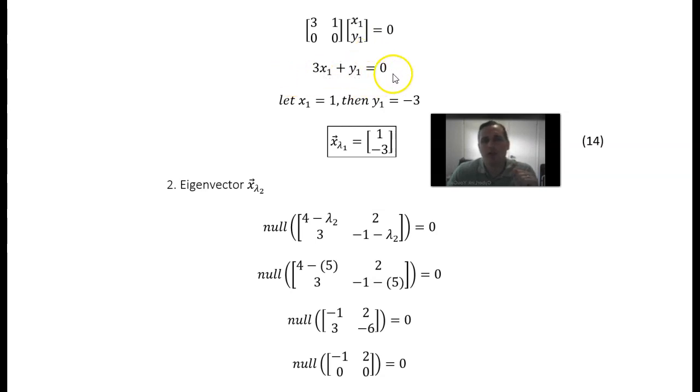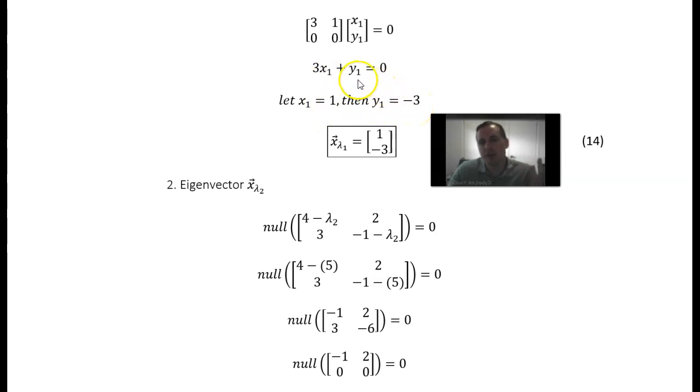So it turns out whenever you have an equation like this, you can't solve for x or y directly. But given that we know we formulated this in a certain way and we don't want the direction to change, only this to be scaled, we are free to choose one of those values. So for simplicity, let us choose x1 equal to 1. That means then y1 would be equal to negative 3.